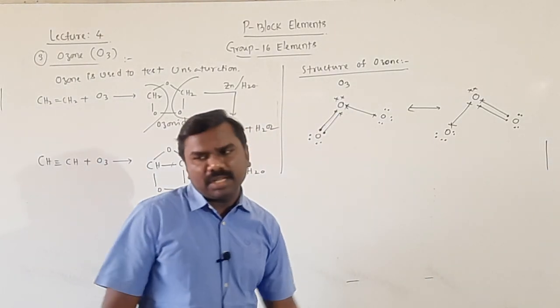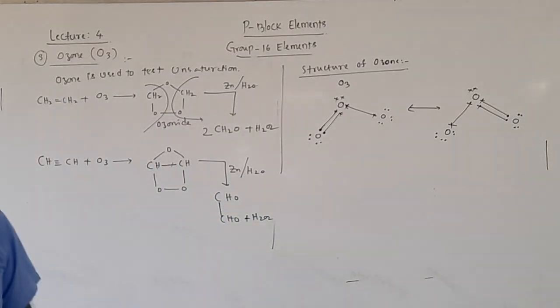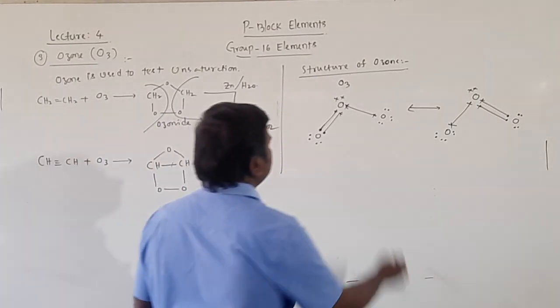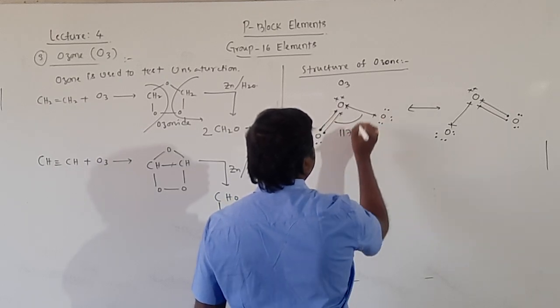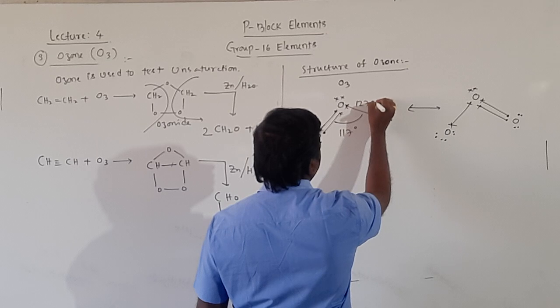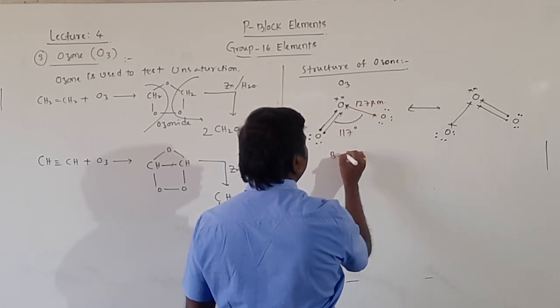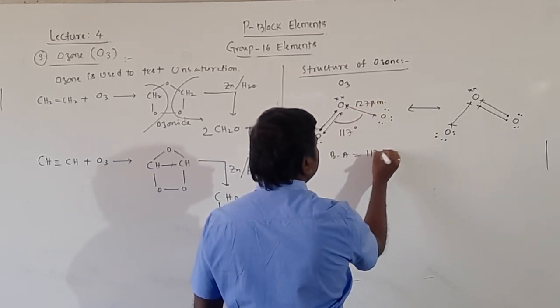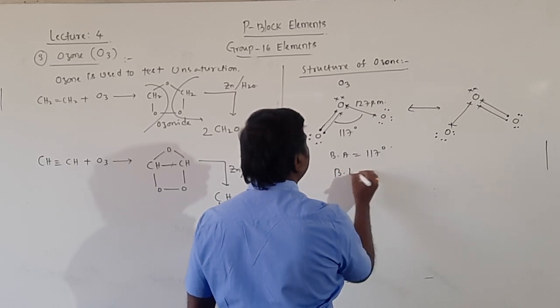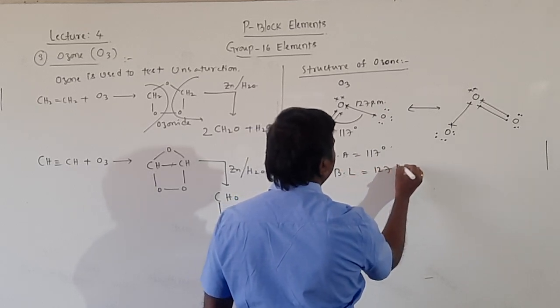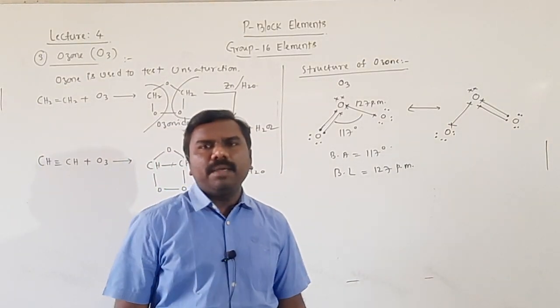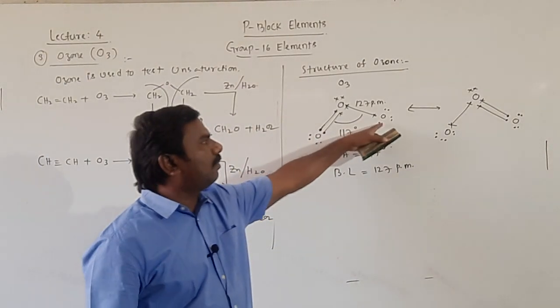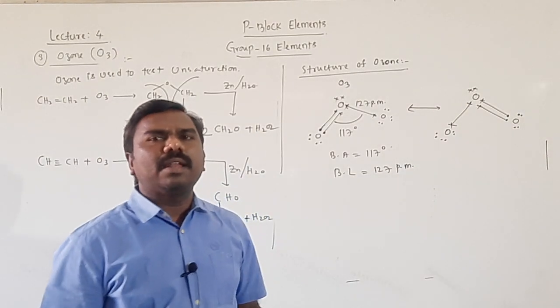These are the resonating structures of ozone. The bond length is 127 picometers and the bond angle is 117 degrees. Right students? Oxygen has 6 valence electrons.